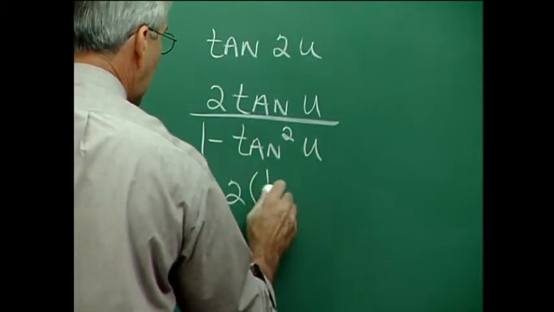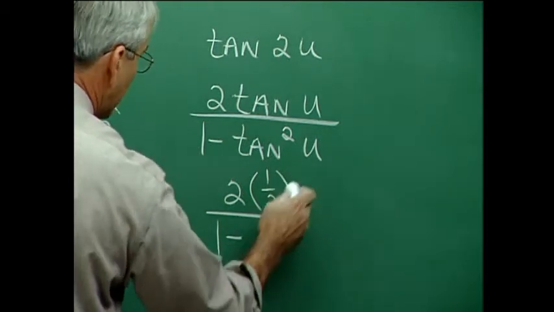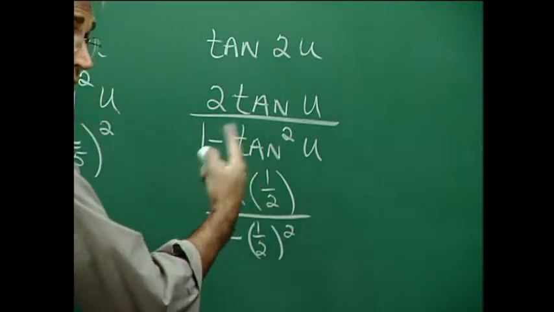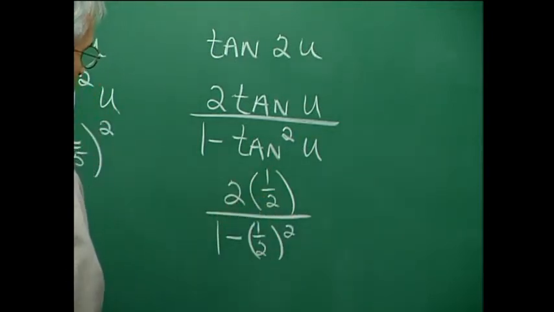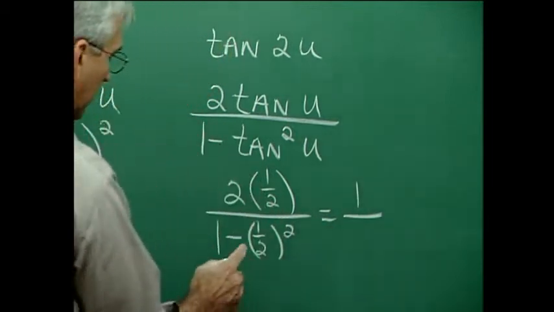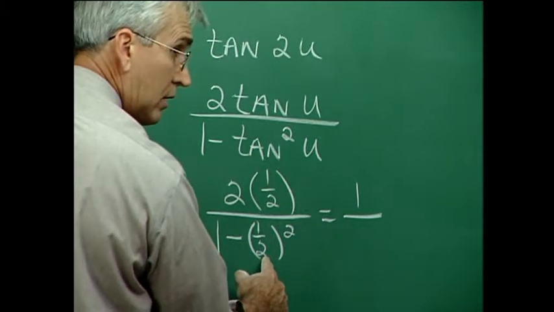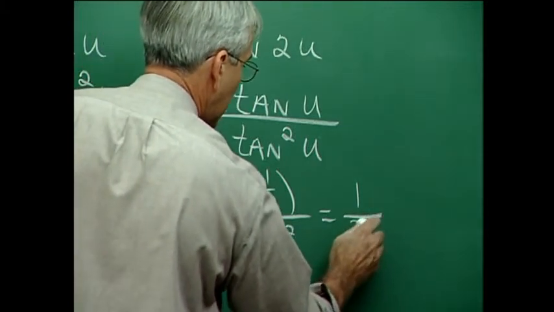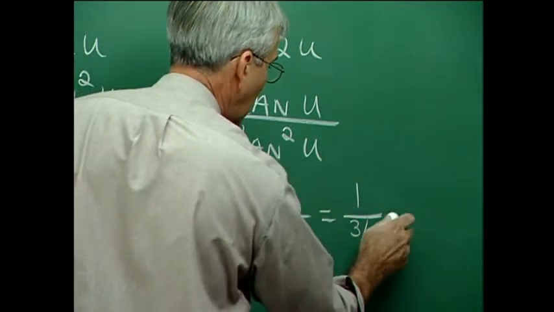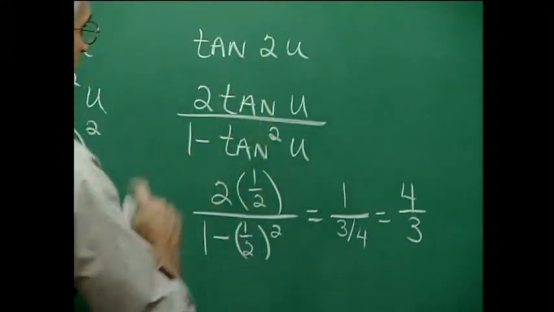So this is 2 times 1/2, over 1 minus, now this is just 1/2 squared, because tangent u was given as 1/2. So this is just 1 in the numerator. And in the denominator we have 1/2 squared is 1/4. 1 minus 1/4 is 3/4. And 1 divided by 3/4 is 1 times 4/3, or simply 4/3. So 4/3 then for the tangent of 2u.